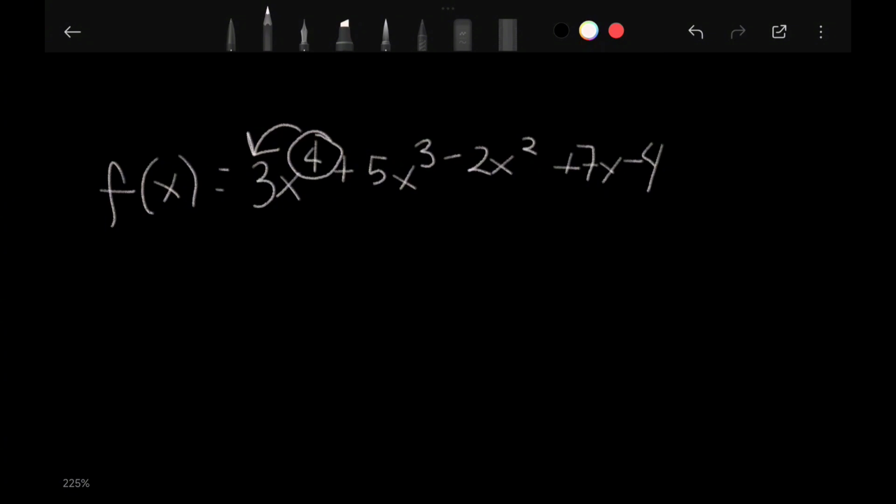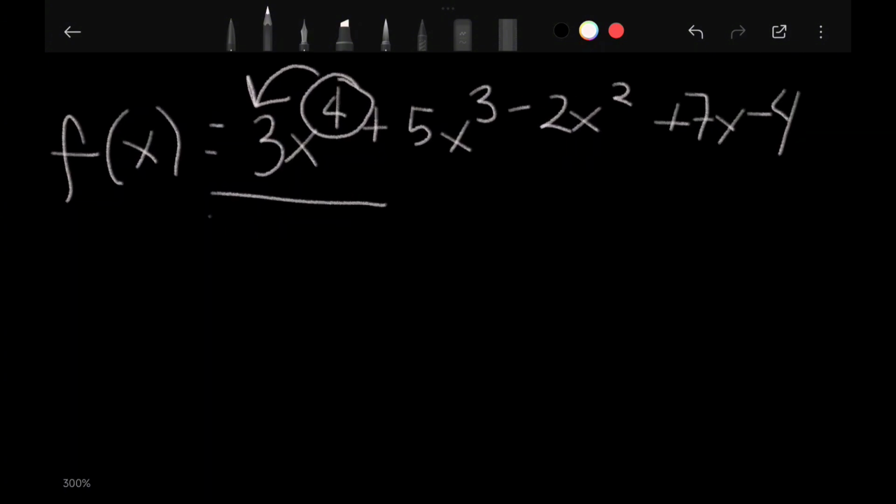As said earlier, we have to differentiate each term separately. So first, we're going to differentiate the 3x raised to the power of 4. First, 4 times 3 is equal to 12. And then, you have to bring down the x. You have to always bring down the x, okay?